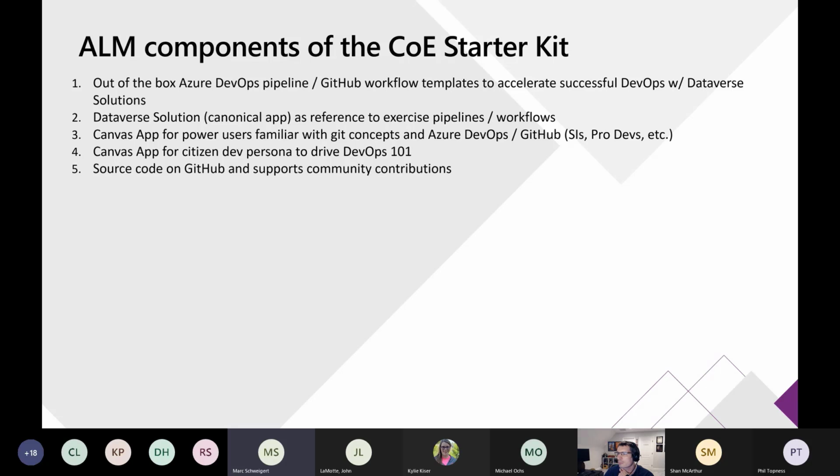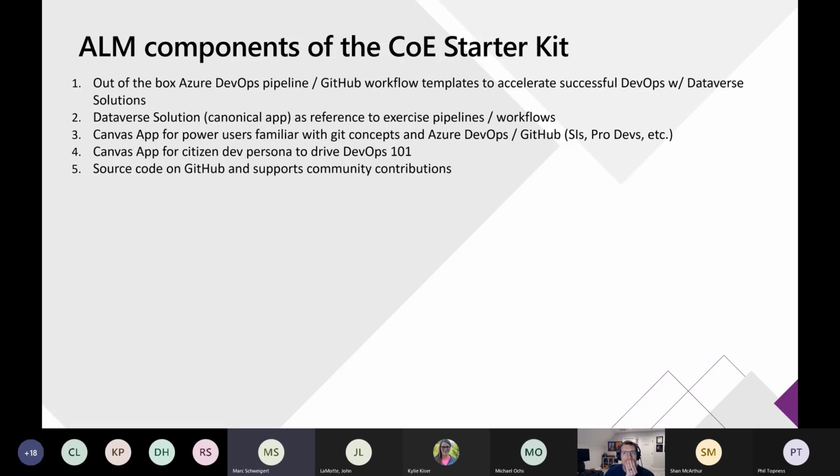And so it's going to come in a few different forms, both these Azure DevOps pipelines and eventually GitHub workflow templates that basically show you examples of what we do for our own ALM. It's all going to be grounded in the solution engine and the solution infrastructure that is the foundation of ALM for the future of the Power Platform. We will have what we call sort of a canonical app.